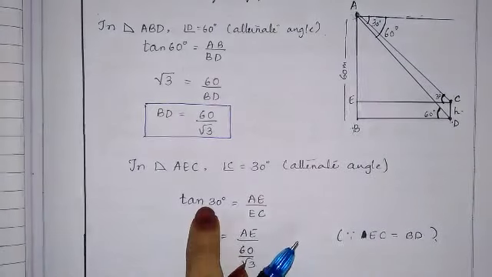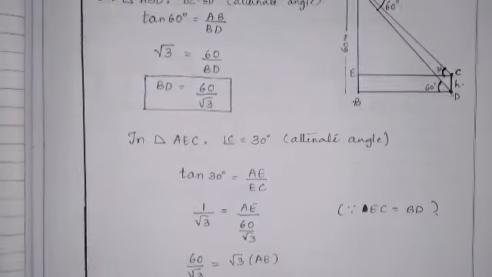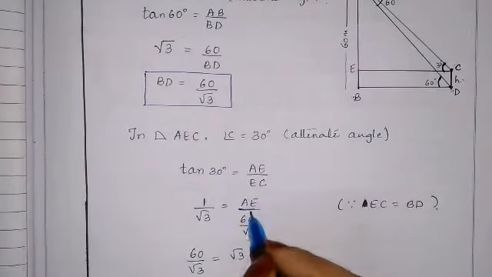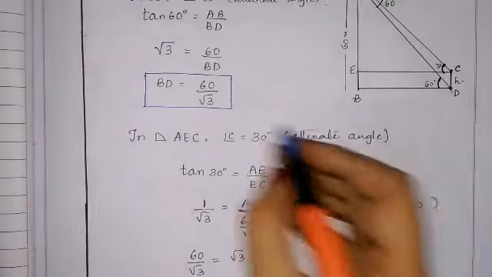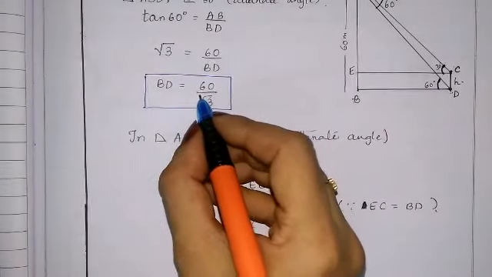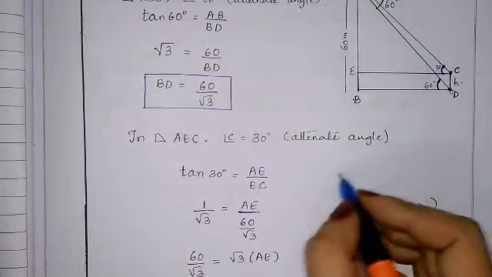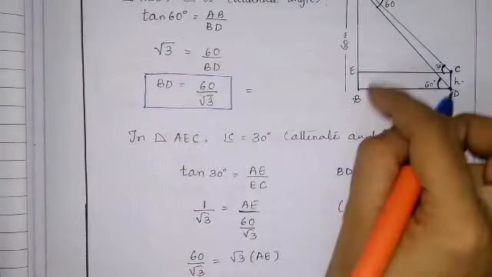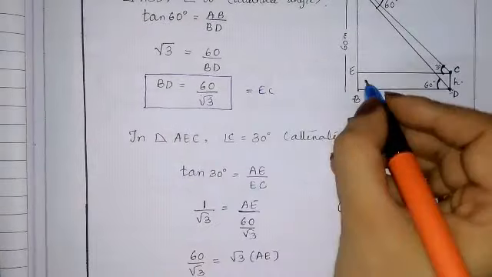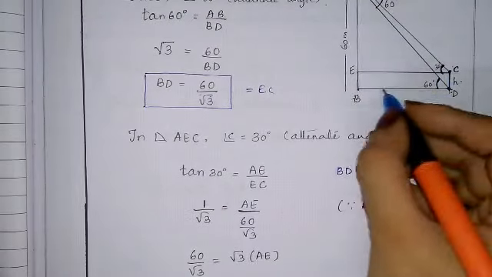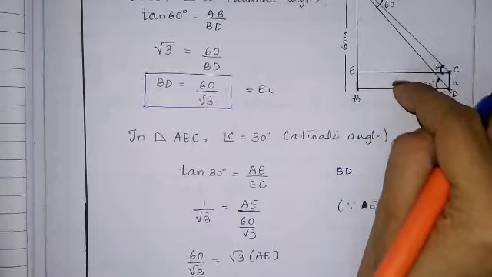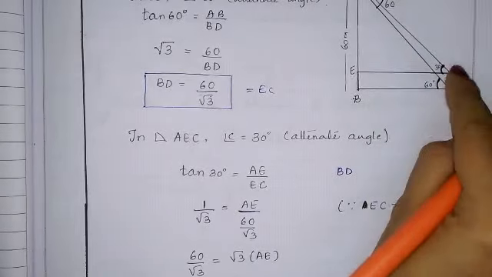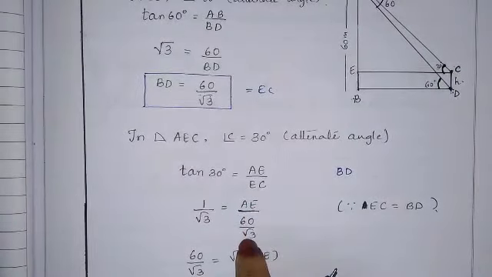Tan 30 value is 1 upon root 3, equals AE upon EC, which is 60 over root 3. Why is EC 60 over root 3? BD is 60 over root 3, which is also equal to EC, because we can see one rectangle is formed and opposite sides of a rectangle are equal. BD is equal to EC.